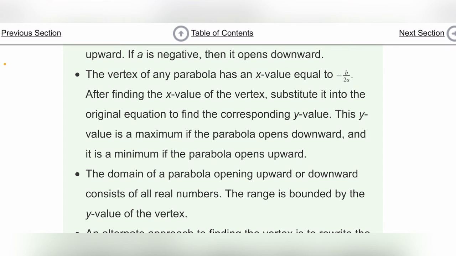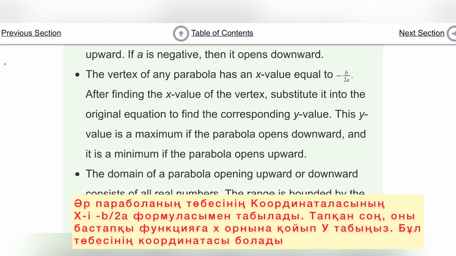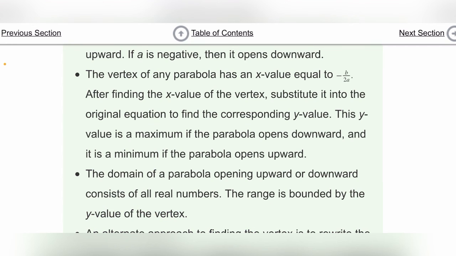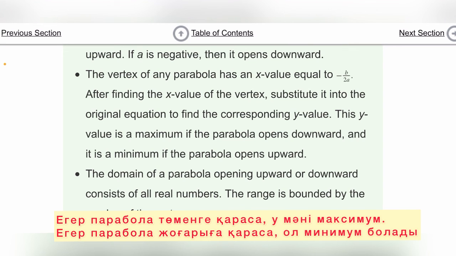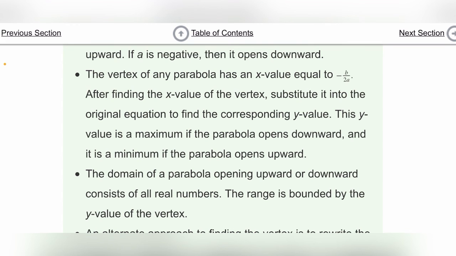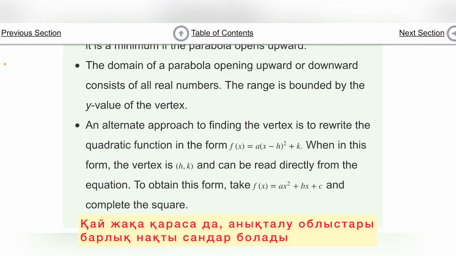The vertex of any parabola has an x value equal to negative b over 2a. After finding the x value of the vertex, substitute it into the original equation to find the corresponding y value. This y value is a maximum if the parabola opens downward, and a minimum if it opens upward. The domain of a parabola opening upward or downward consists of all real numbers.